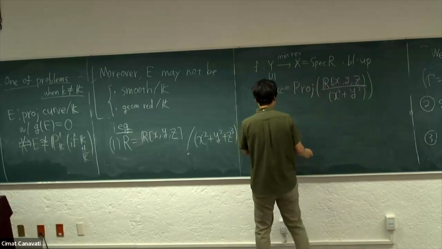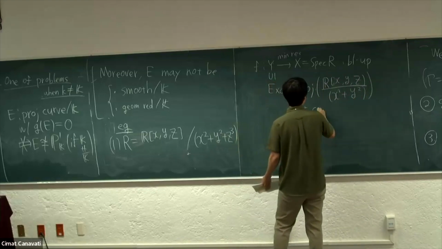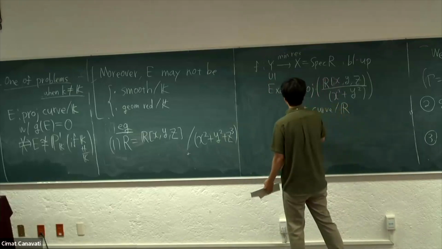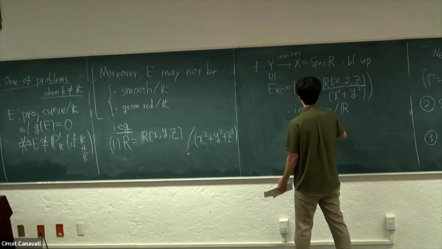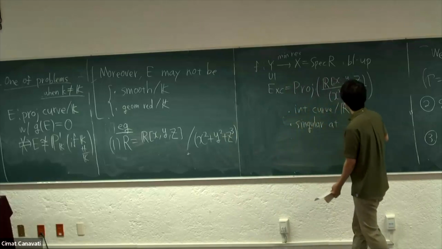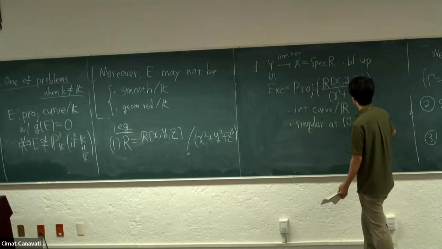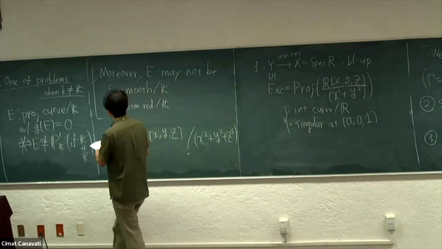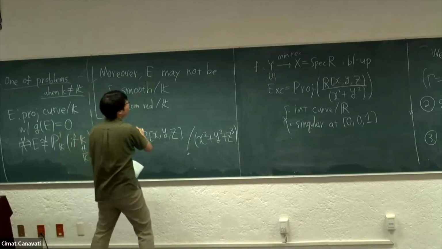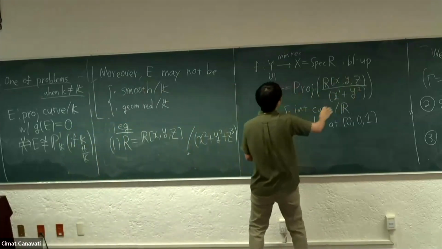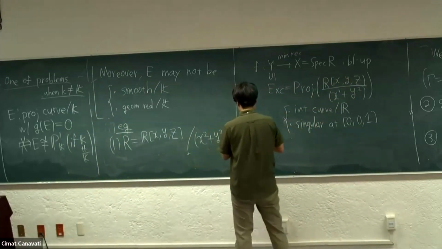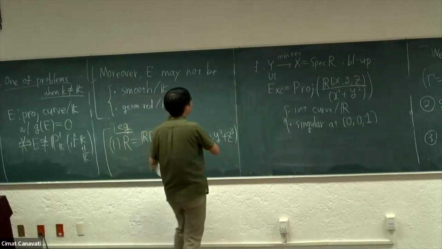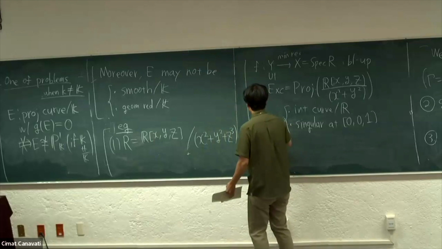So it is integral over R, but singular at the origin (0,0,1). This is one of the problems. So it may not be smooth, even though the base is of course characteristic 0. But this case is not so serious.